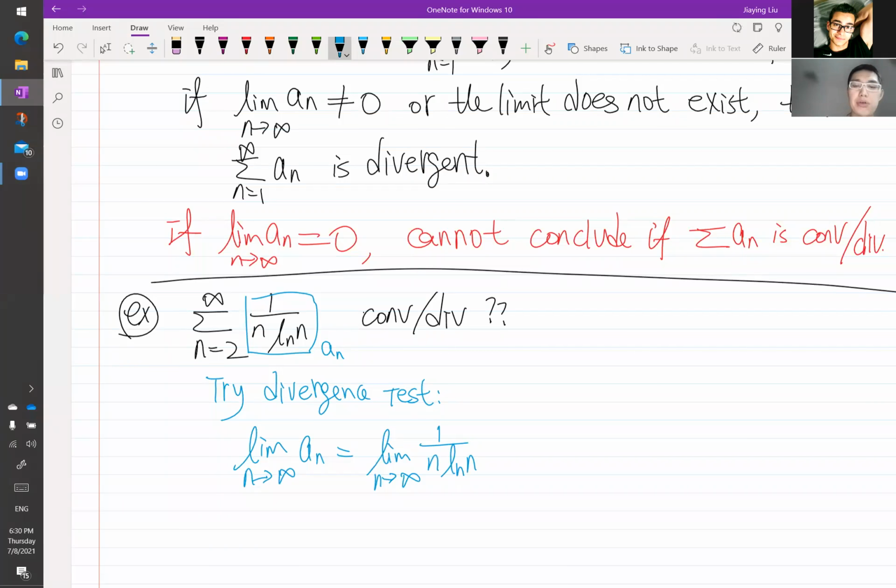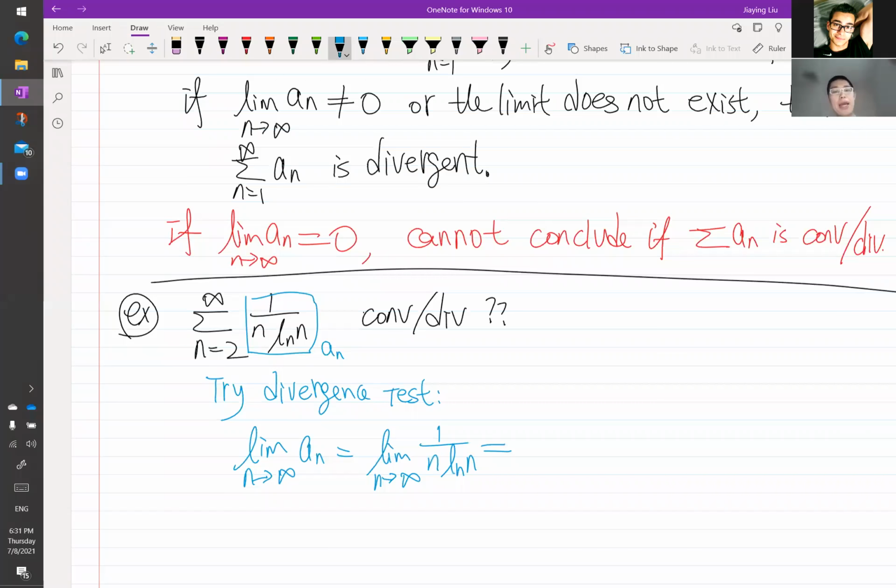Is this going to be 0, or a finite number, or infinity? What do you think? Anyone know the limit of this one? If n goes to infinity, it's 0. Excellent. Because this one you don't need L'Hopital's rule. Good job.